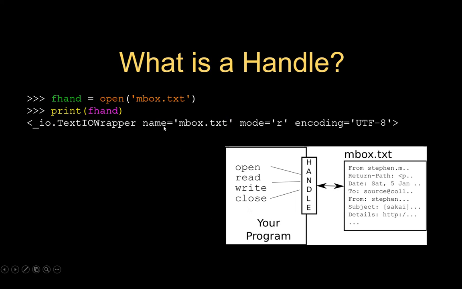So when we open, for example, mbox.txt, the content of the file will be handed over to the handle, and the file handle is basically what allows us to open it, read it, write, or close it.